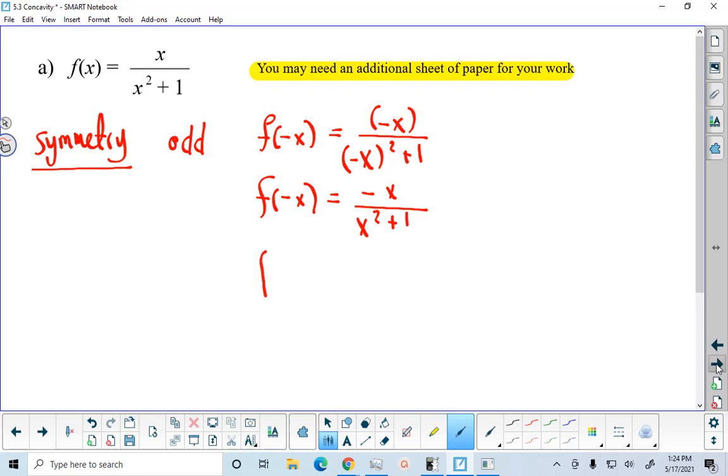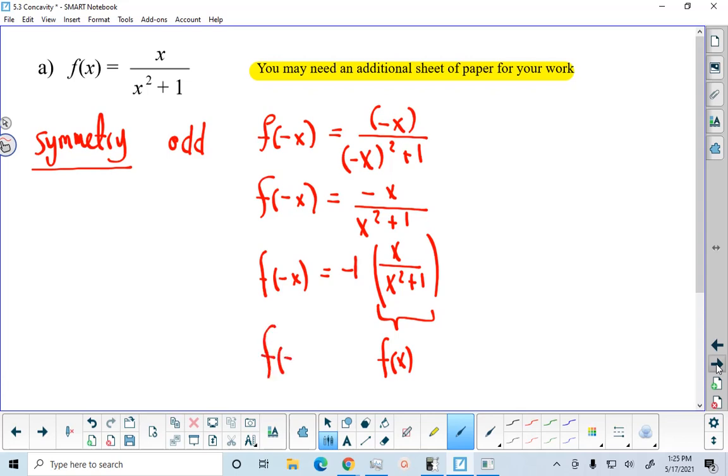And this is f of negative x is equal to negative 1 times x over x squared plus 1. But this is f of x. So f of negative x is negative 1 times f of x, which means it's odd.